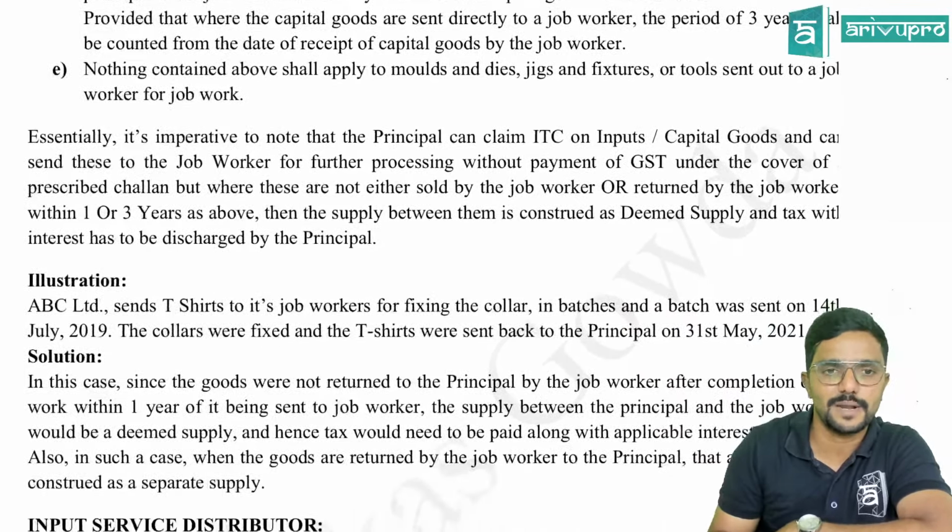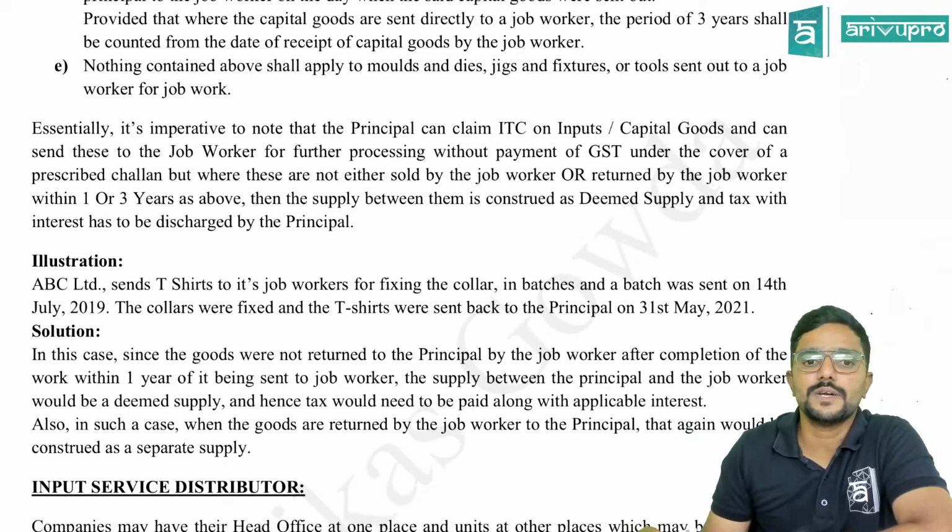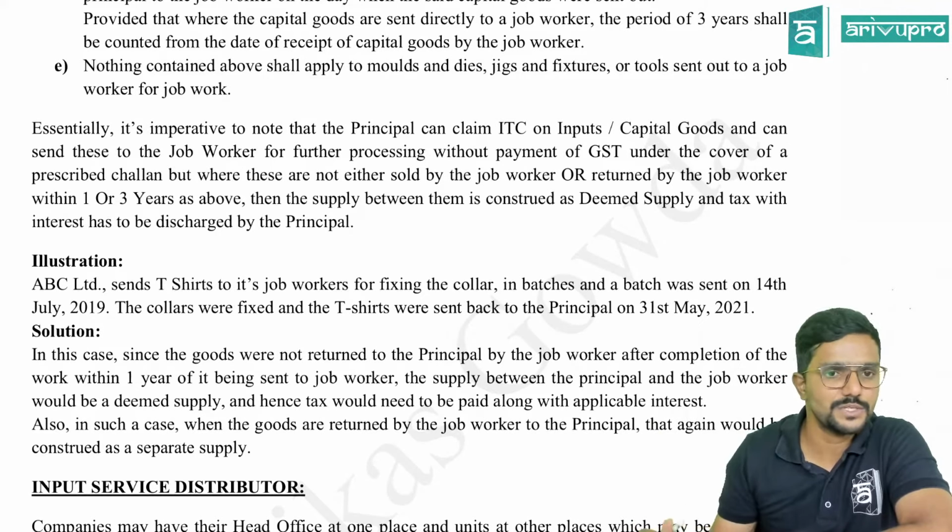Essentially, it's imperative to note that the principal can claim ITC on the inputs and input capital goods and can send these to the job workers for further processing without payment of GST under the cover of a prescribed challan. So he has to issue a challan to the job worker.